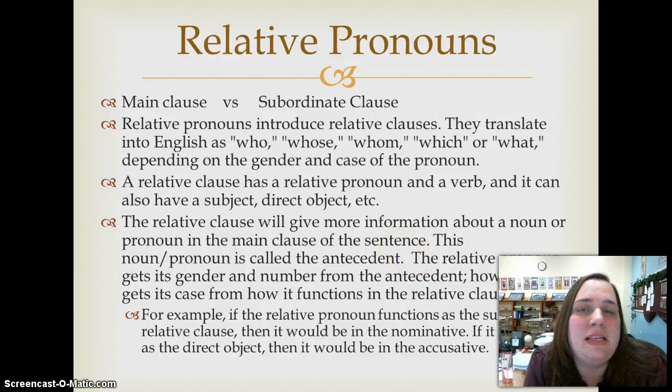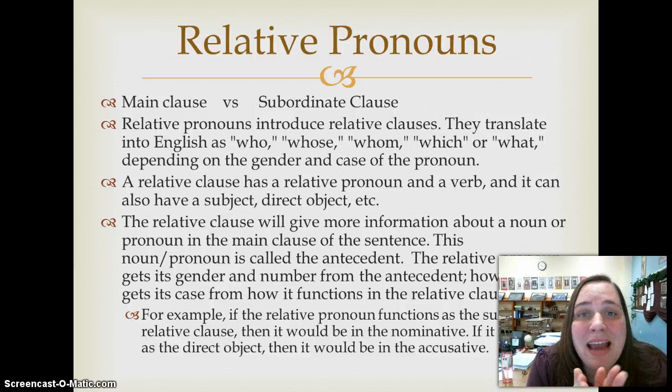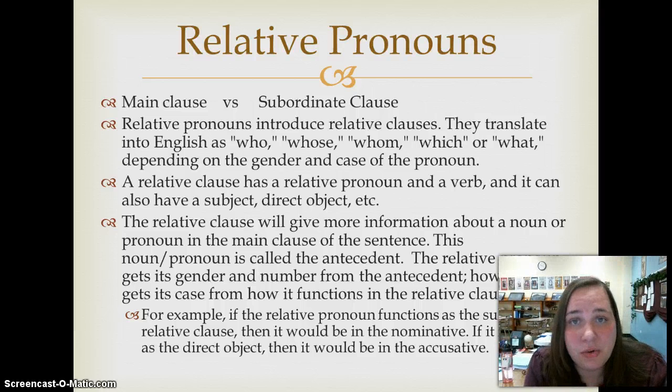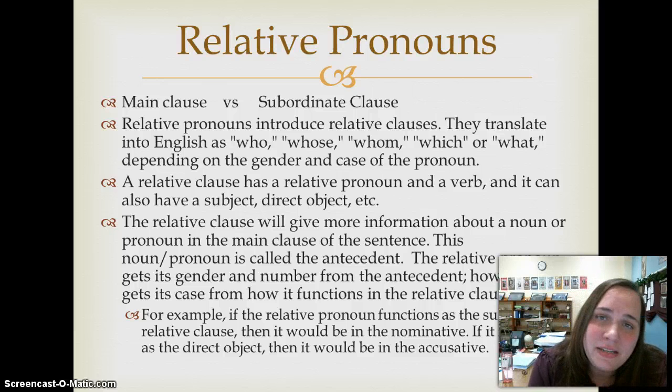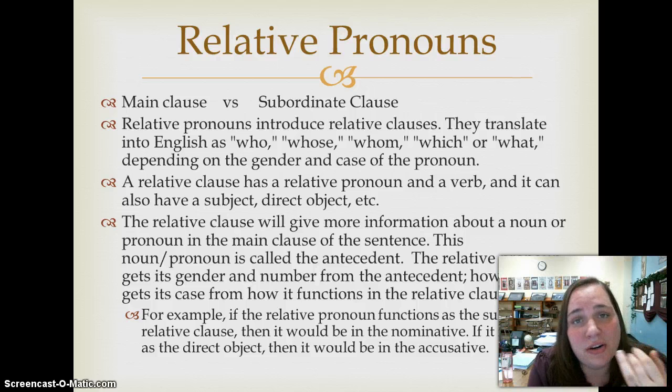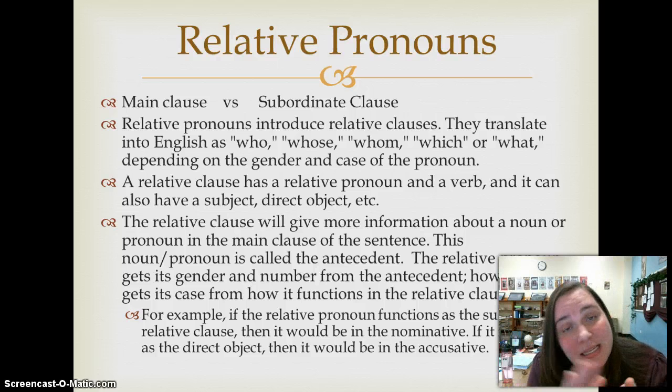The purpose of a relative clause is to give more information about a noun or a pronoun in the main clause. And that noun or pronoun is called the antecedent. Now, you need to know the antecedent to a relative pronoun. And the reason for that is because the relative pronoun is going to get its gender and its number from its antecedent.